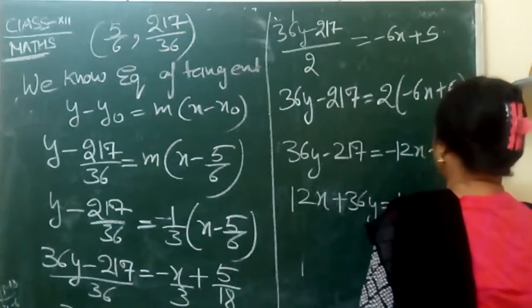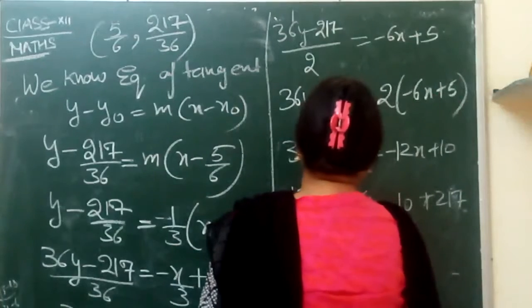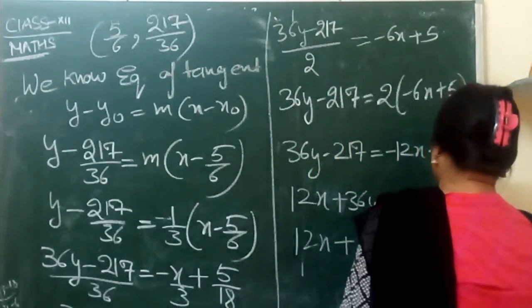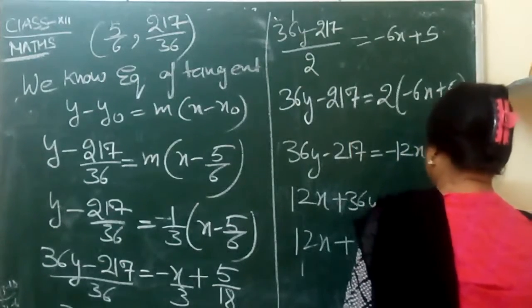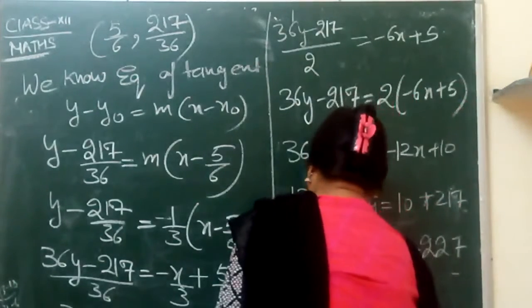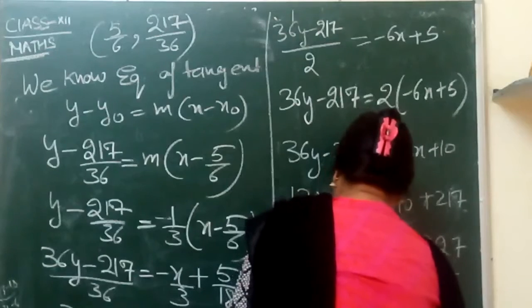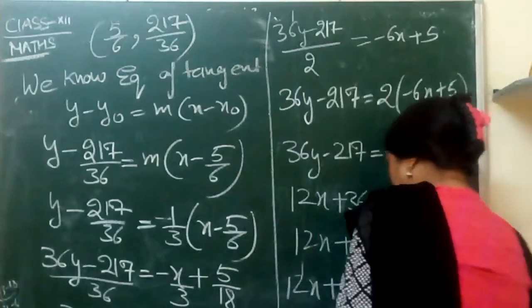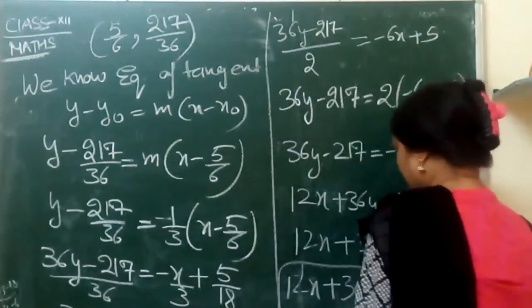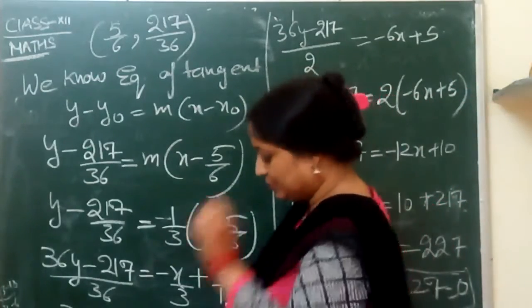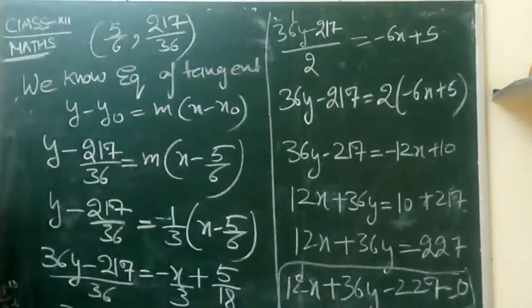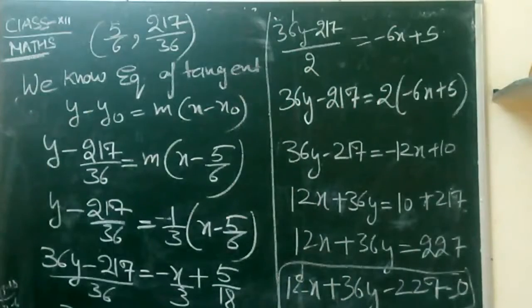So it will come 12x plus 36y is equal to 227. We can write 12x plus 36y minus 227 equal to 0. So this is the required equation of tangent: 12x plus 36y minus 227 equal to 0.